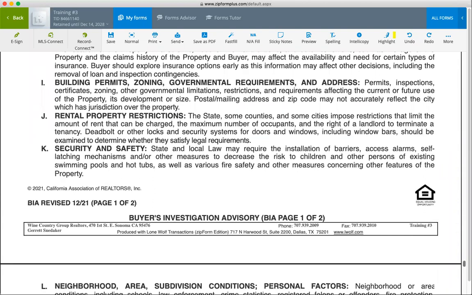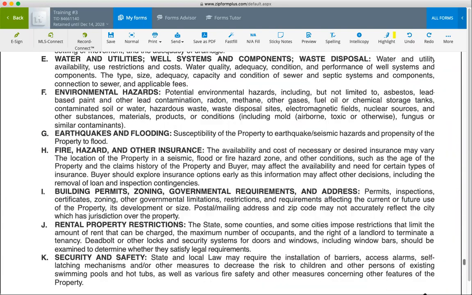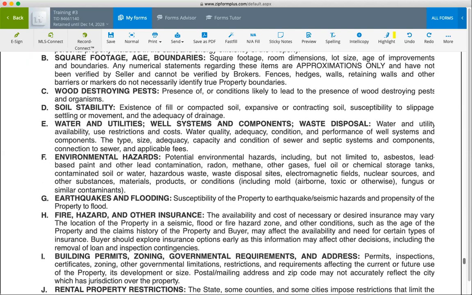It says we aren't experts at this. So you've got to go out and find experts to analyze the property and things like that. Brokers do not have expertise in all areas and therefore cannot advise on many items such as those listed below. And then it lists these various things that we aren't experts on.